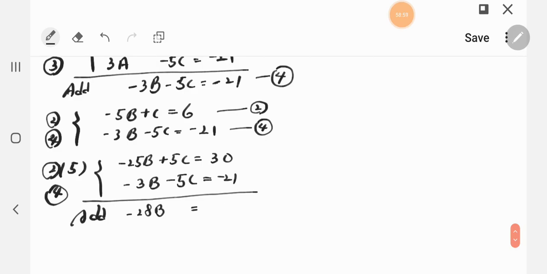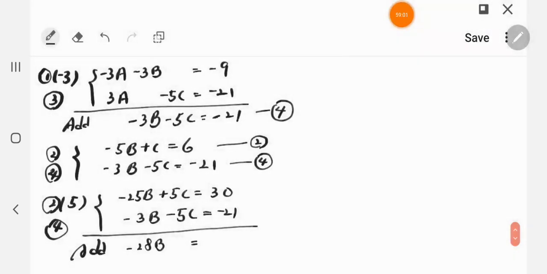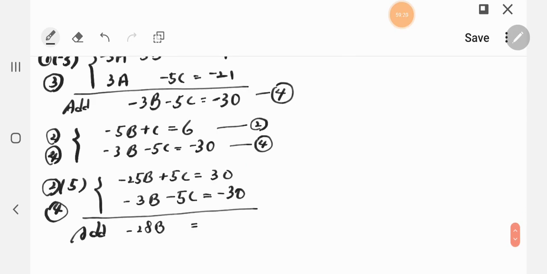Let me check. Okay, I found the error. The error comes from here. Negative 9 minus 21 is negative 30. So this should be negative 30 and negative 30. Once we add these two, then this becomes 0.